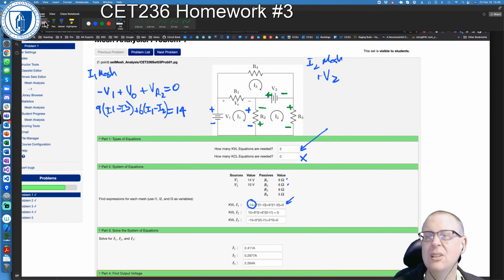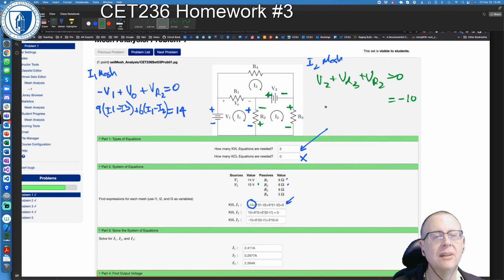Get an eraser, and we can erase that. We'll draw it in green. Right, so it's going to be plus V2 plus VR3 plus VR2 equals 0, and V2 is 10 volts, so I'm going to write that over here, even though it looks like I left it on the other side.